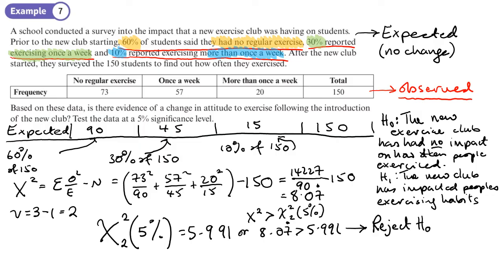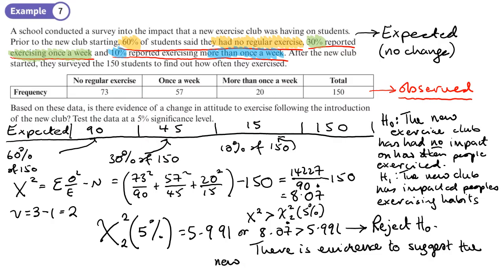Now rejecting H0 means that the exercise club had no impact. In this case, rejecting H0 means that the new club has, or there is evidence, so we should say that rather than it's definite. There is evidence to suggest the new club has changed attitudes to exercising.